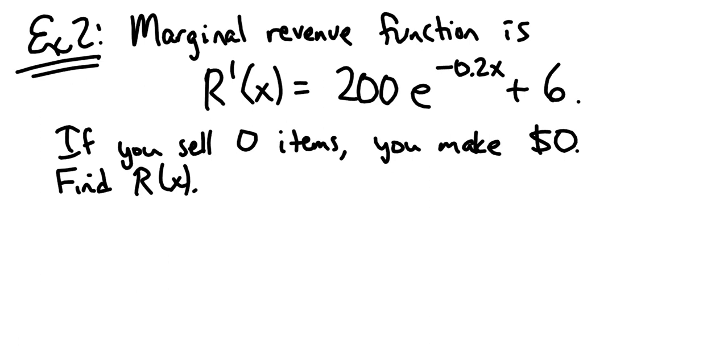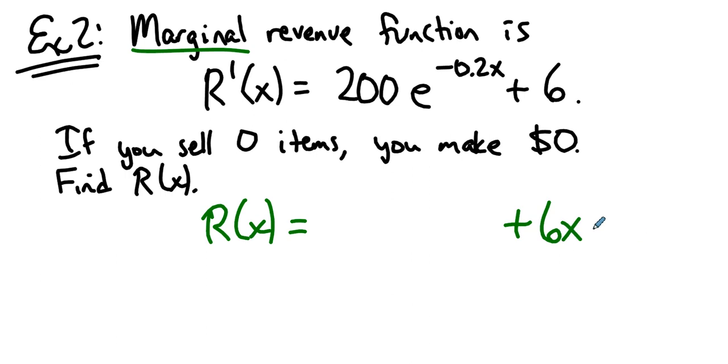What's the revenue function? Well, marginal revenue is the derivative of revenue, right? So this is the derivative of revenue. So revenue is whatever function is going to have a derivative of this thing. Well, this piece is the easy piece, and there's a plus c going to go at the end. This is the tricky part. What do we remember?